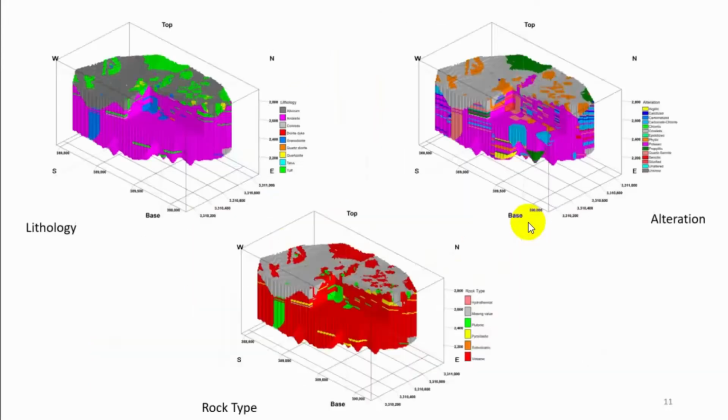And using these 2 types of data, the boreholes and the cross sections which have been built on our geological knowledge, we have created these solid models of the lithology, alteration, and rock type, which have been used as input evidential layers to our modeling process.